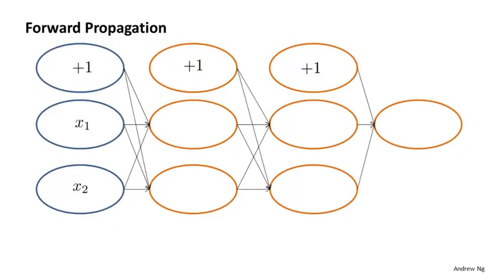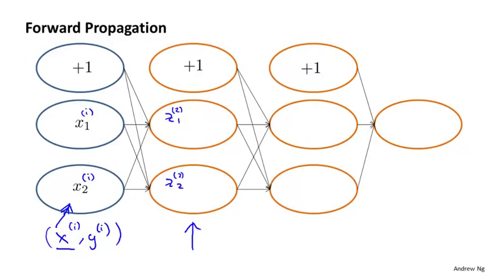When performing forward propagation, we might have some particular example, say (xi, yi), and this xi we feed into the input layer. So xi1 and xi2 are the values we set the input layer to. When we forward propagate to the first hidden layer, we compute z21 and z22, the weighted sums of inputs of the input units.